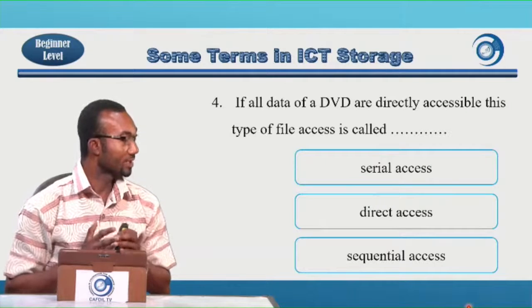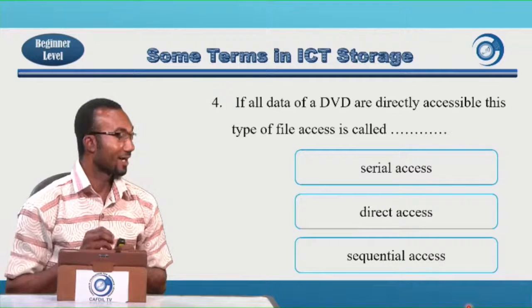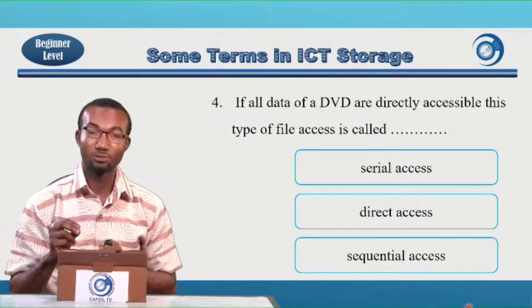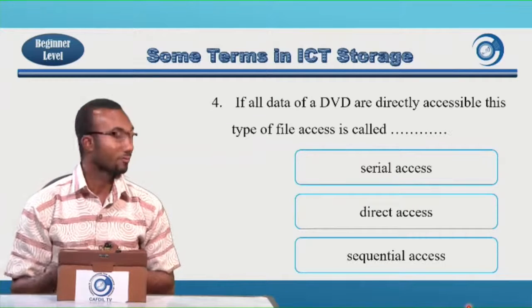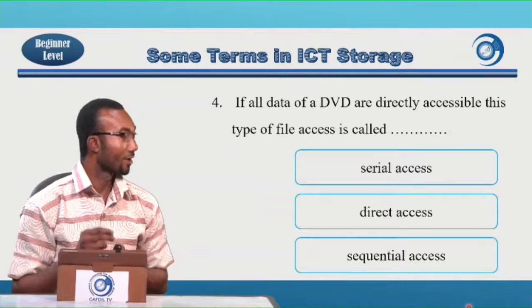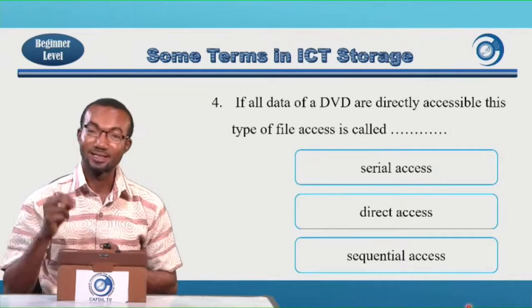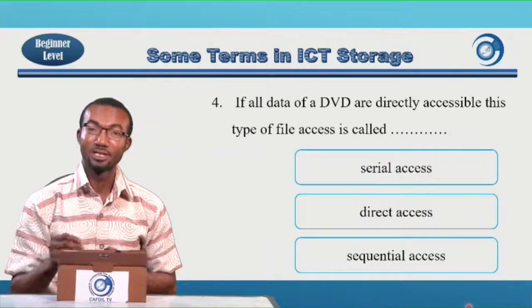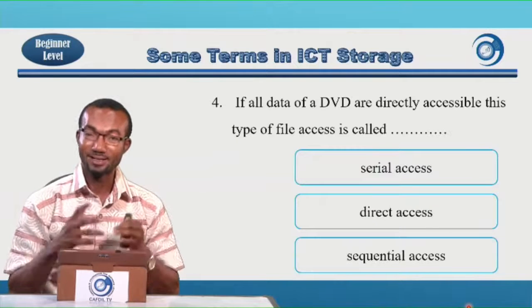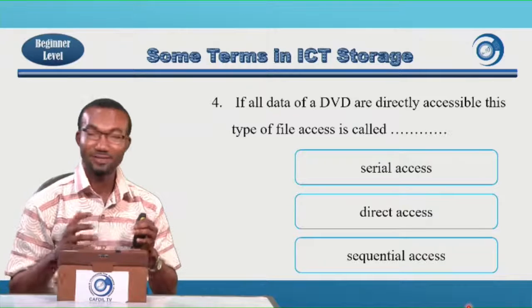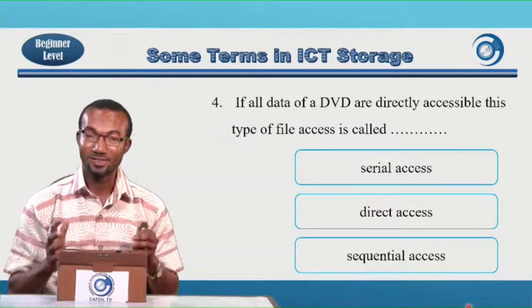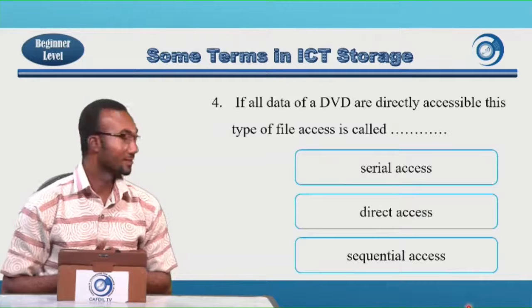4. If all data of a DVD are directly accessible, this type of file access is called what? So we have serial access, we have direct access, we have sequential access.